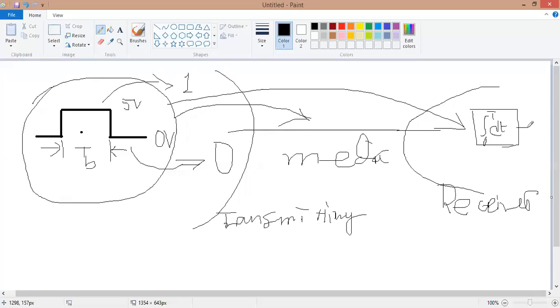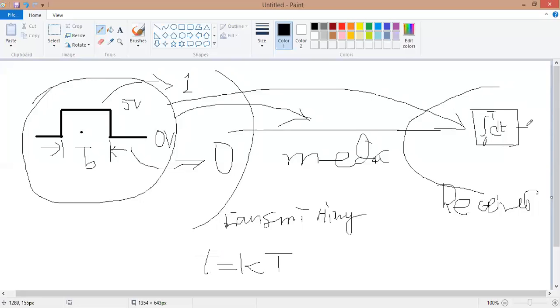After that, I need to sample out the ultimate information. When this mathematical operation is done, like an integrator over the period 0 to T, then one sample may be taken at the time kT. I can say t equal to kT is the sample collecting interval.